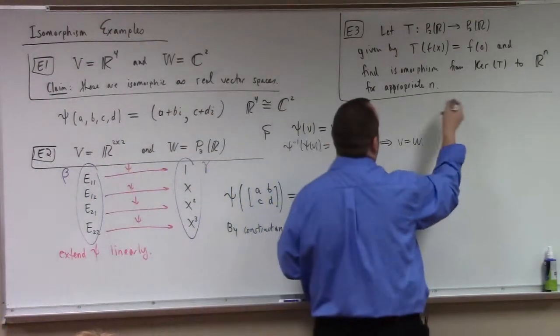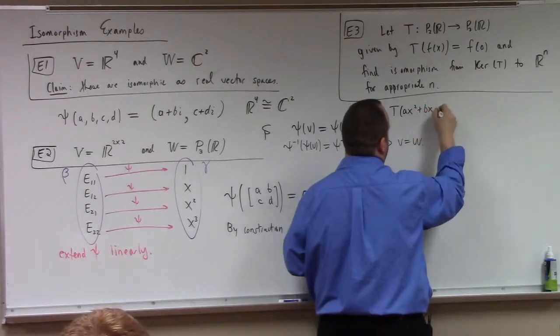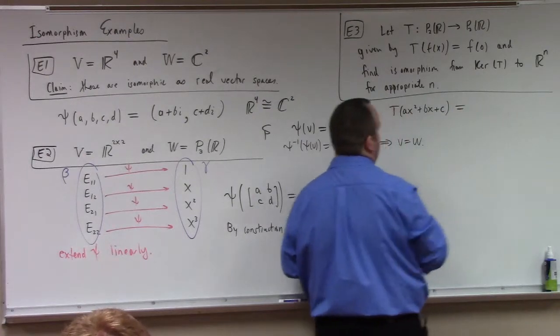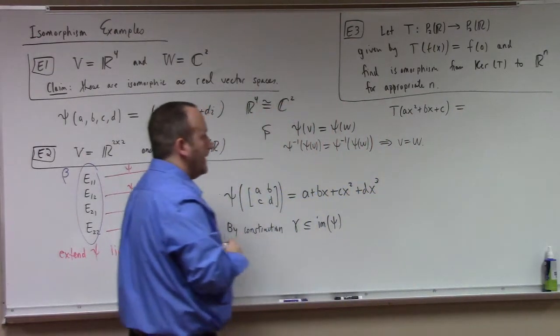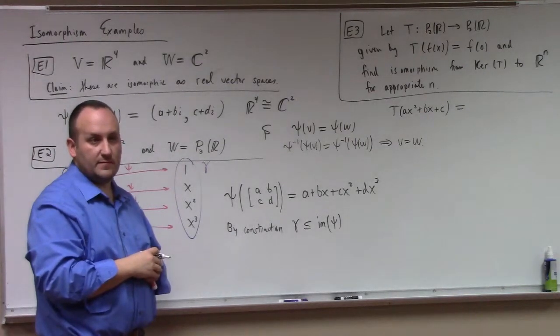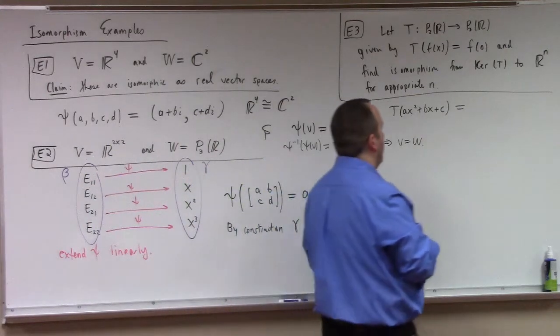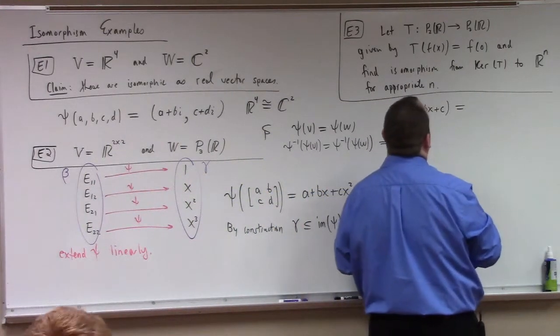So we're looking at T of ax squared plus bx plus c, which is by definition what here? F of 0, right? Which is what? Oh, you know what? This is still too easy.